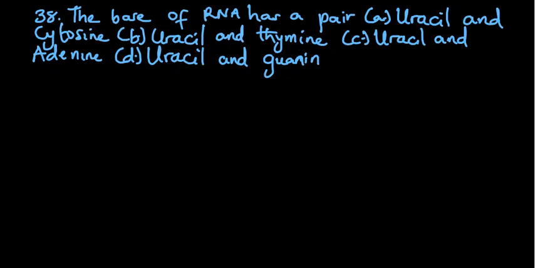The next question states, does the base of RNA have a pair of what? What happens in RNA is that instead of thymine, uracil is present. In DNA, cytosine is paired with guanine.